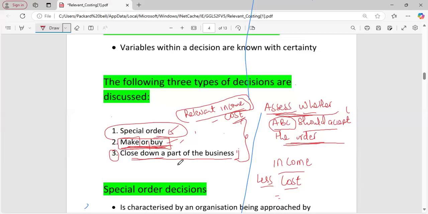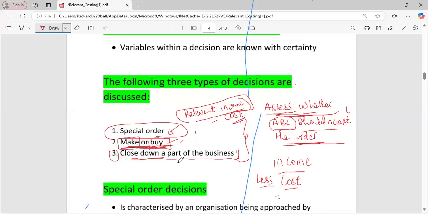How much is the company going to pay if it discontinues this product or part of the business? If the money that they are going to pay in terms of the cost of discontinuing is higher than the money which we are going to pay when we continue, then we need to take a decision based on that.